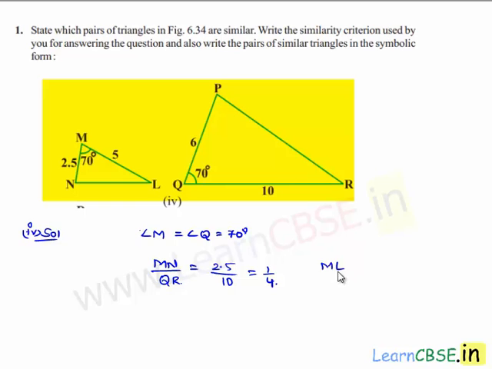And here ML by PQ is equal to 5 by 6. Here angle is equal, but corresponding sides, none of them are in proportion. So we can say that the given triangles are not similar.